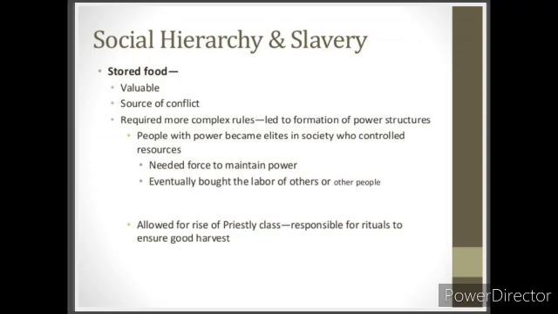People with power became elites in society who controlled resources, needed force to maintain power, and eventually brought in the labor of other people. It allowed for the rise of a priestly class responsible for rituals to ensure good harvests.